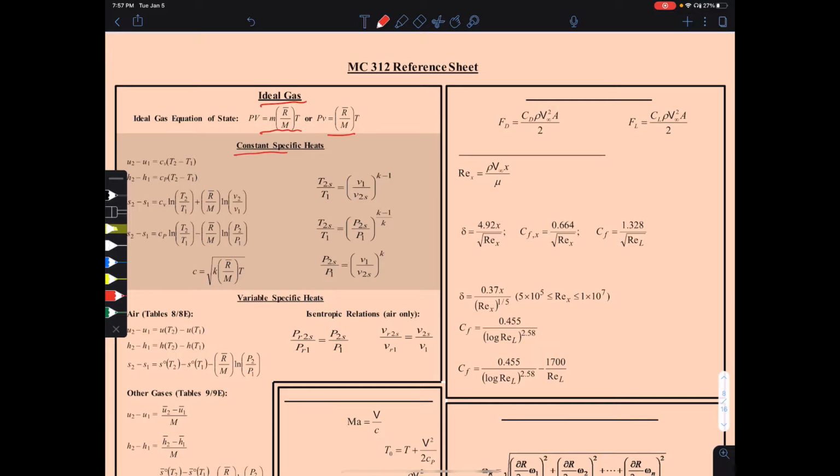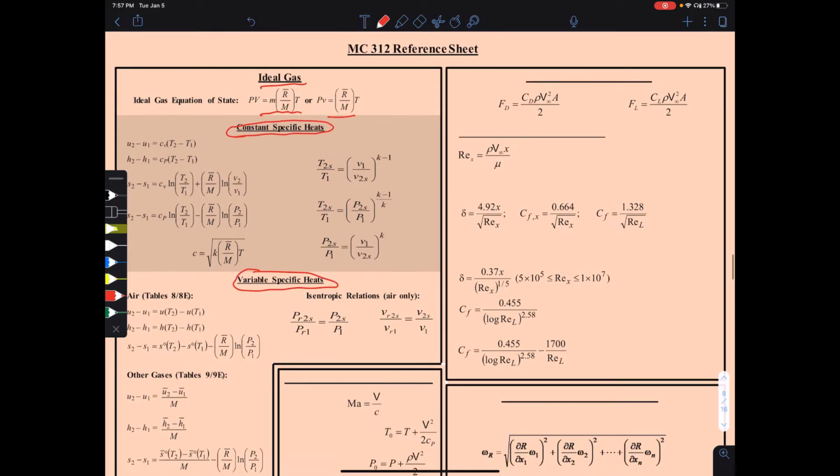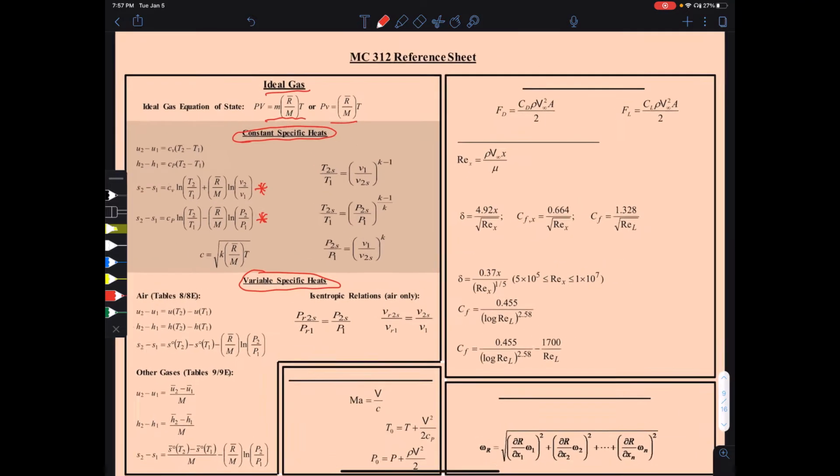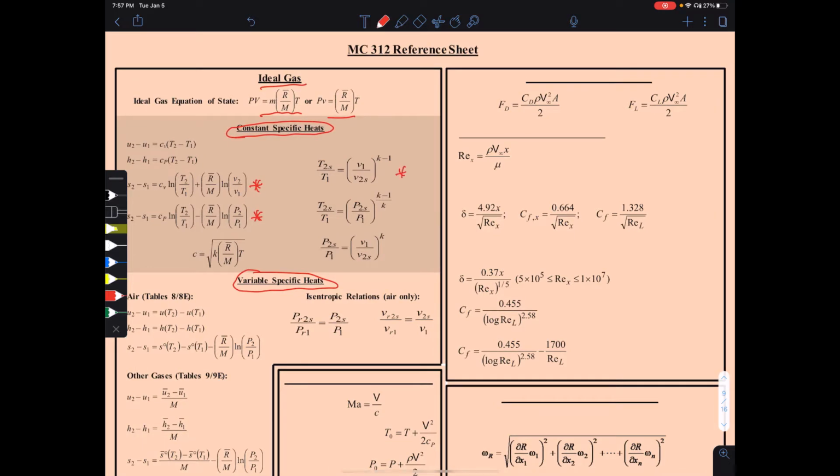So we have our constant specific heat block and our variable specific heats block. You can see we have our associated change in entropy equations and our isentropic relationships. Remembering that for constant specific heats, we have a k value, which is our ratio of specific heats, using those for our isentropic relations.